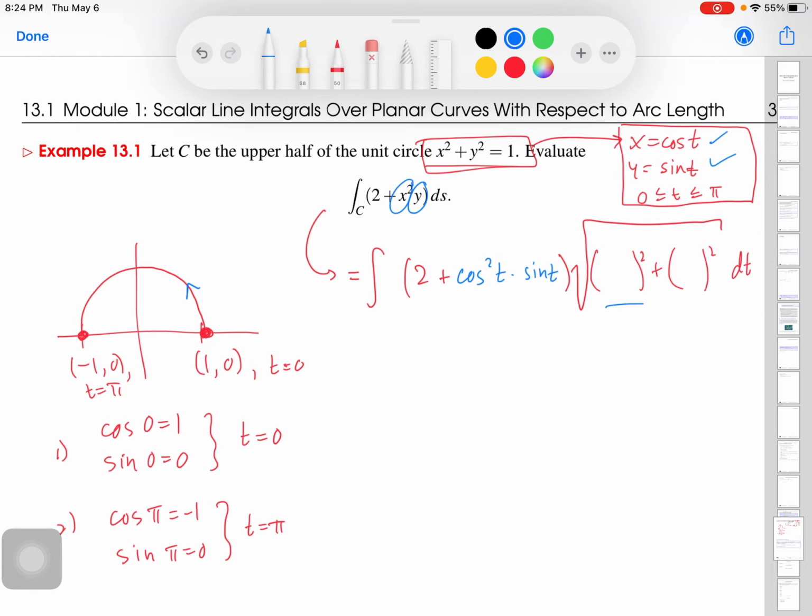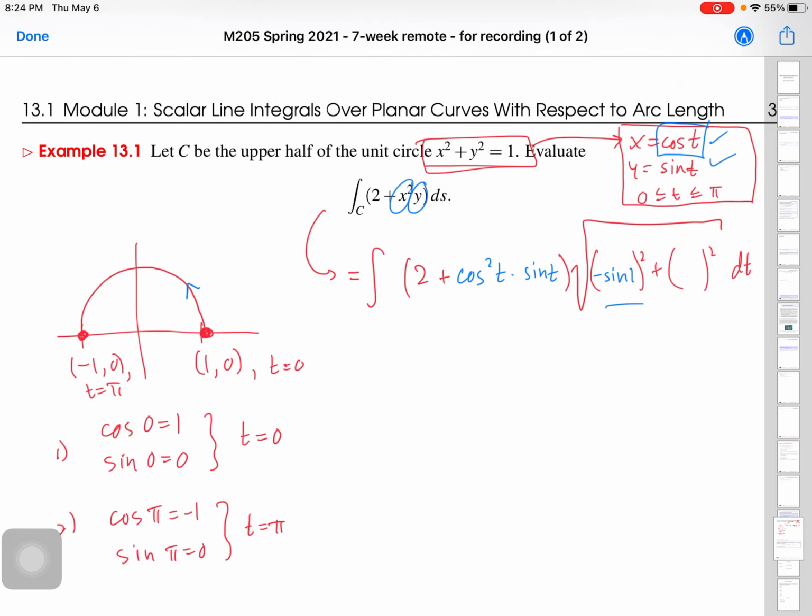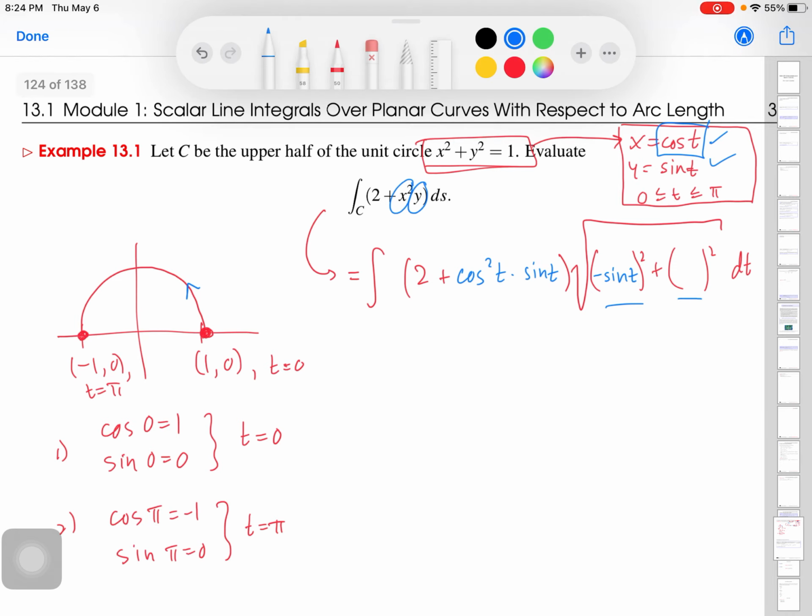And then over here goes the derivative of x. Derivative of cosine is negative sine t. And then over here goes my derivative of y. Derivative of sine t is cosine t. Great, and now my bounds for t I had found to be 0 to pi, so I put that in there. And there we go.